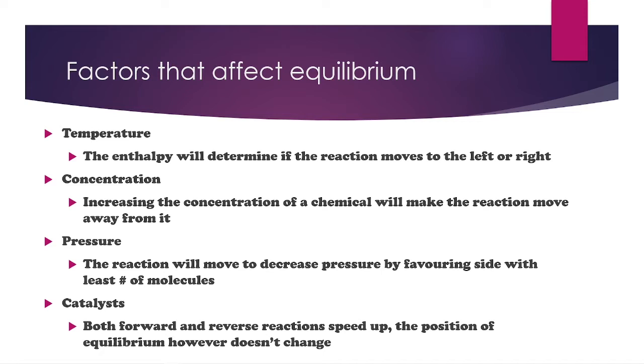So the idea is to just understand how it's going to affect the equilibrium, not necessarily understand what catalyst you need for every single reaction out there. This is just a very quick breakdown of how these things will affect the equilibrium. But on the next couple of slides, we're going to be talking specifics. So not going to talk any more on this slide.